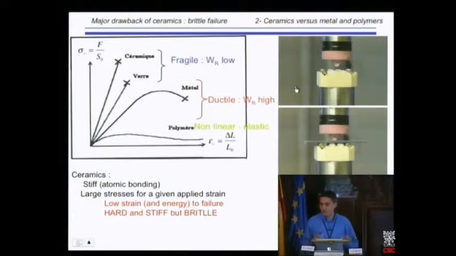It breaks without any significant macroscopic strain. So let's say the curve is applied force versus deformation. You have a straight line like that, very steep, since the Young's modulus is large, and maybe a high stress to failure, larger than some polymers and also some metals, but the strain to failure is very low.